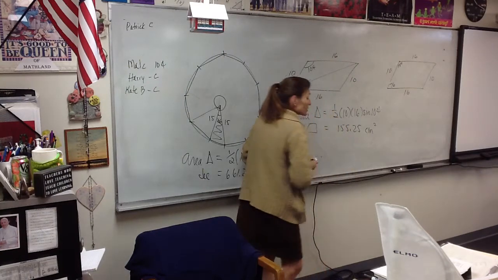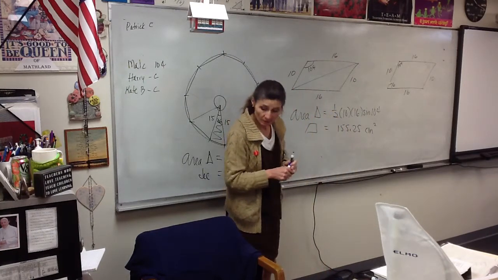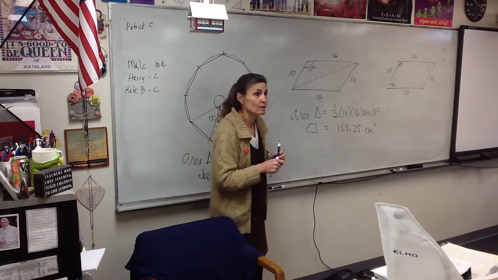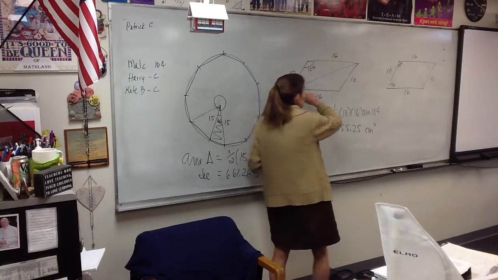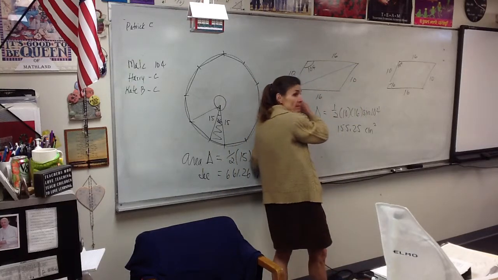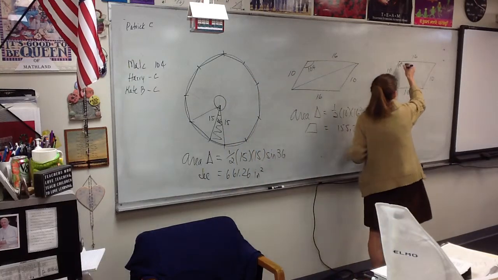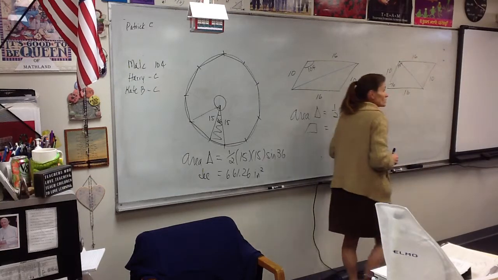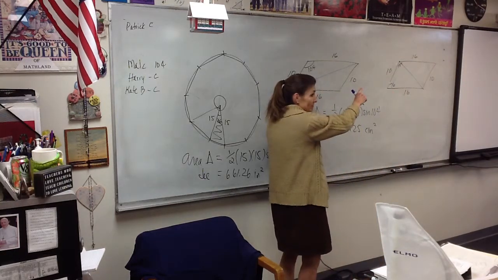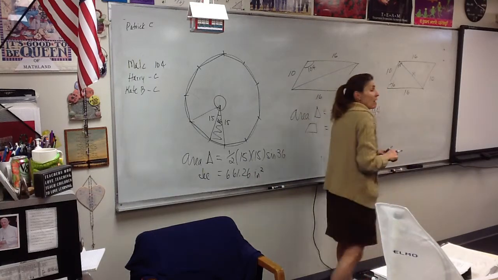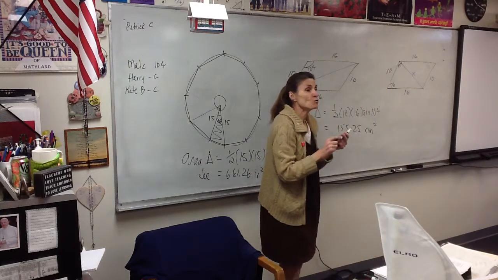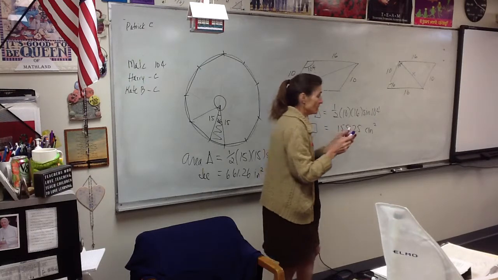Well, this question asks for the length of the shorter diagonal. Now, this is one diagonal drawn in this problem here. This would be the other diagonal, right? Which one's shorter? This one or that one? That one. This is the one I want. Now, here is what you can't do.